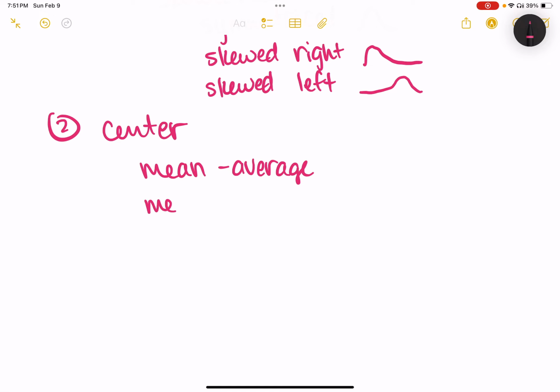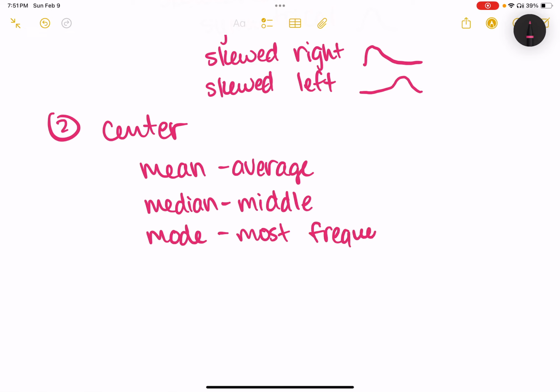You also want to look at your median, which is just the middle value. And you want to look at the mode, which is just the most frequent value. Quick side note, you can actually have more than one mode. So if your data was like 1, 1, 2, 2, you would have two modes. It would be 1 and 2 in that case. So you want to calculate the mean, median, and mode of your data.